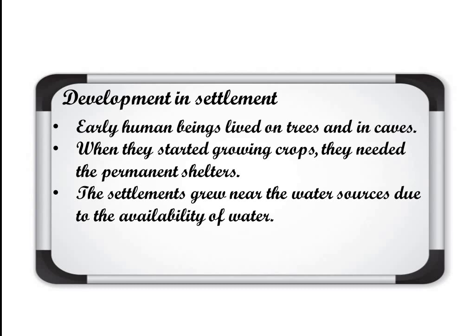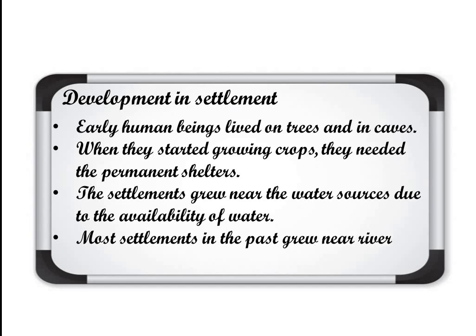We can take the example of the Roman Empire. So these are all examples that we can see in history, that different settlements grew near water sources. And what was the reason? Availability of water for their daily need. Most settlements in the past grew near river valleys, that we have already discussed. So this is the development that we have seen from the past till now.